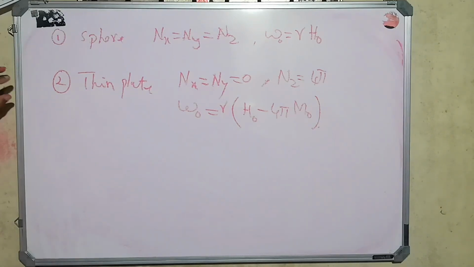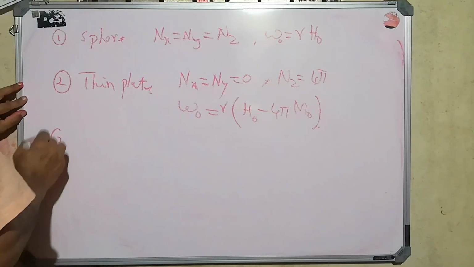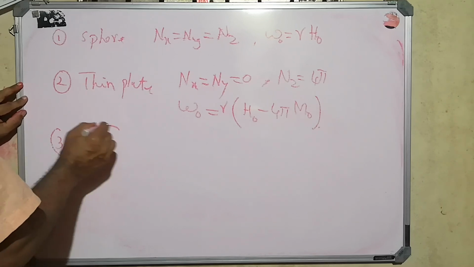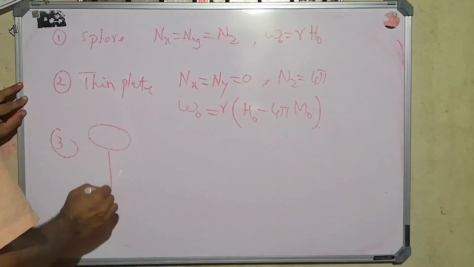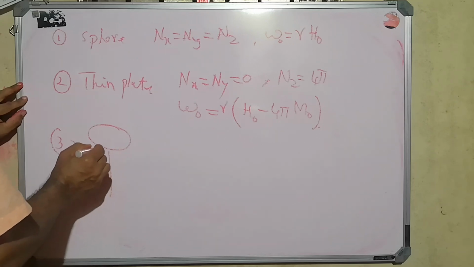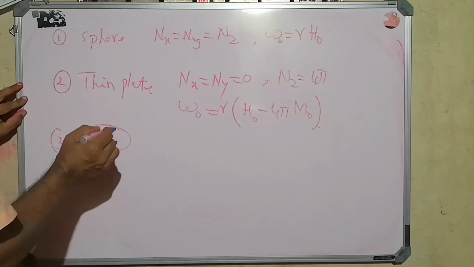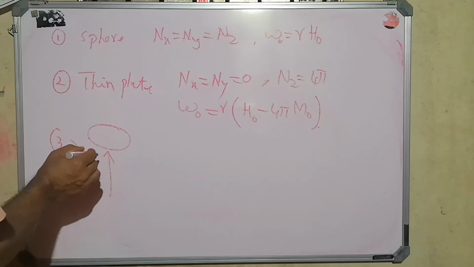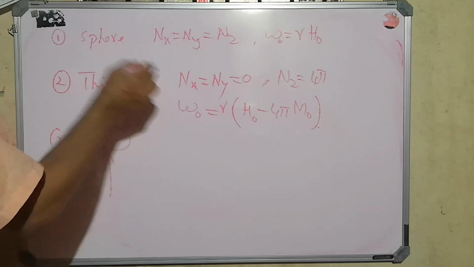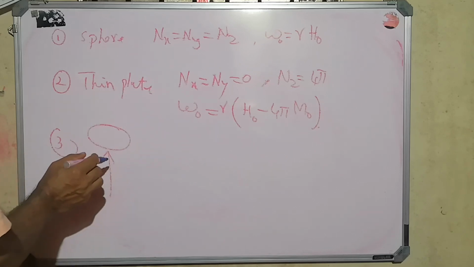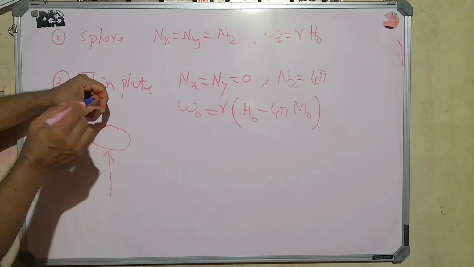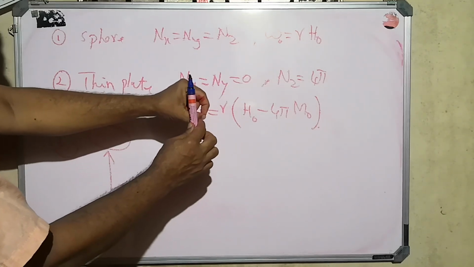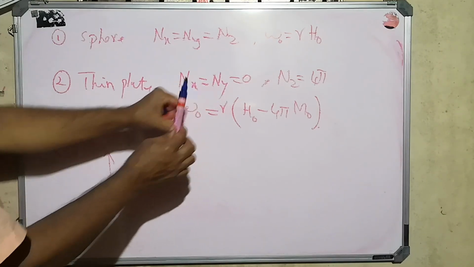Now the third condition. If it is a thin plate, but the magnetic field is applied parallel to the plane of the plate. Here it was perpendicular to the plate; now you have to apply it parallel. If it is the plate, the magnetic field should be parallel to the plate.